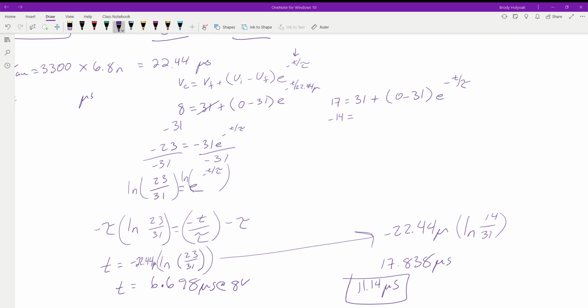And I'm just verifying the numbers, running through them right now. Okay, so if what I thought was correct, we should get an 11.14 by plugging the 8 and the 17 into the original equation, I think. Okay, we can try that.